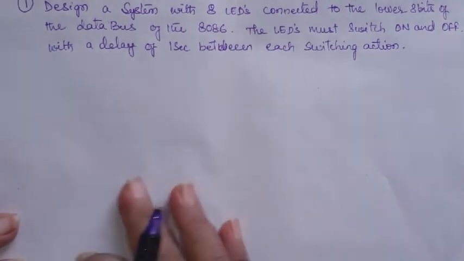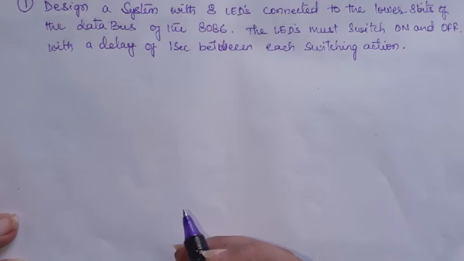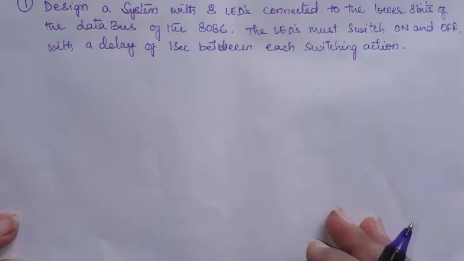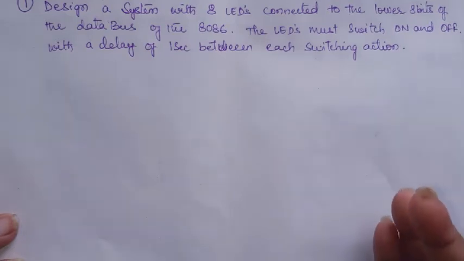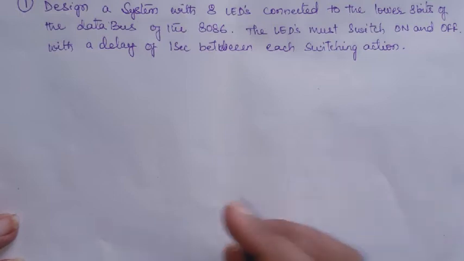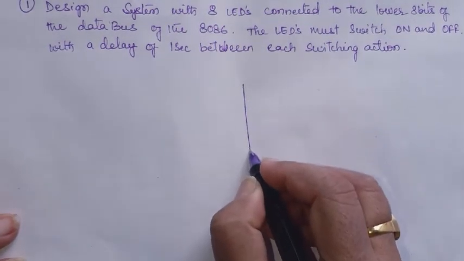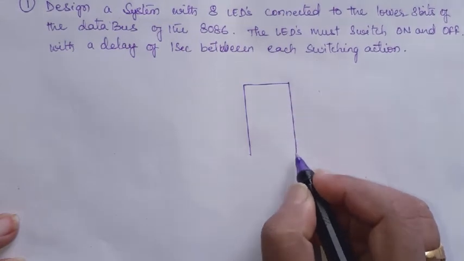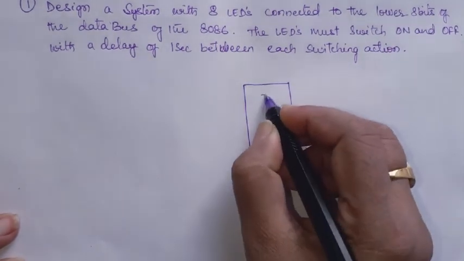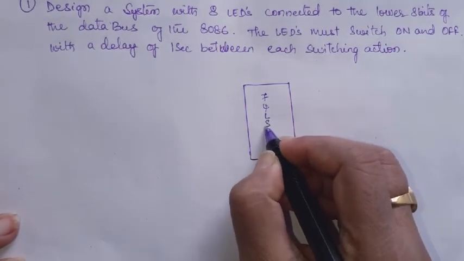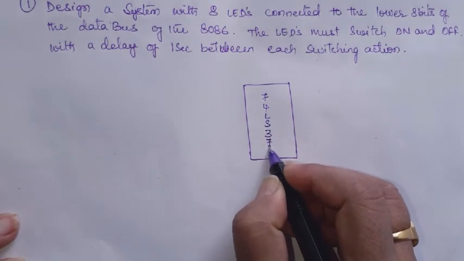So first, the hardware part, like how these LEDs are connected to the processor. As we have seen in the previous video, what you need here is a latch. The generally used latch is 74LS373.